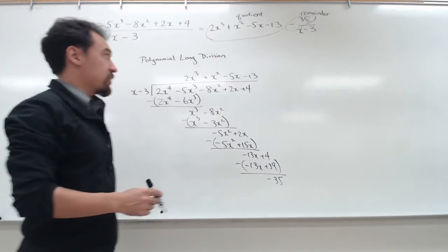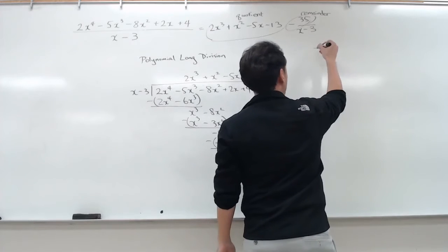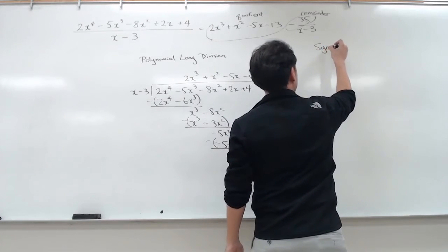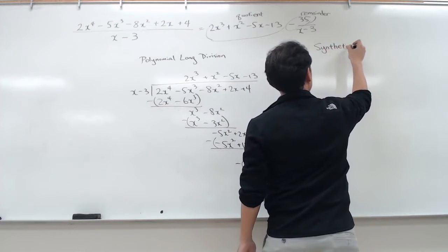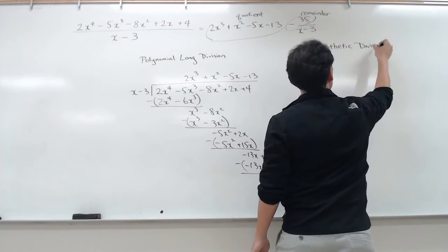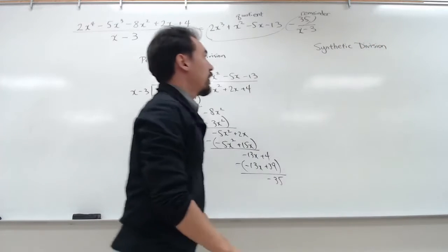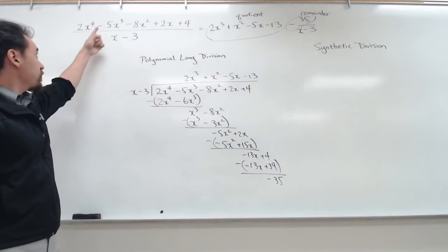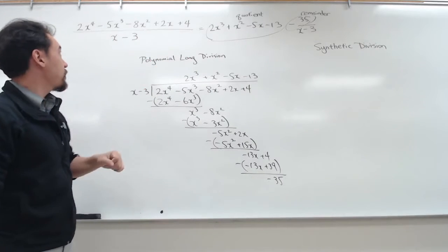In those cases, we are able to use an algorithm called synthetic division. Step 1. We take the coefficients on the terms in the numerator and we list them out.